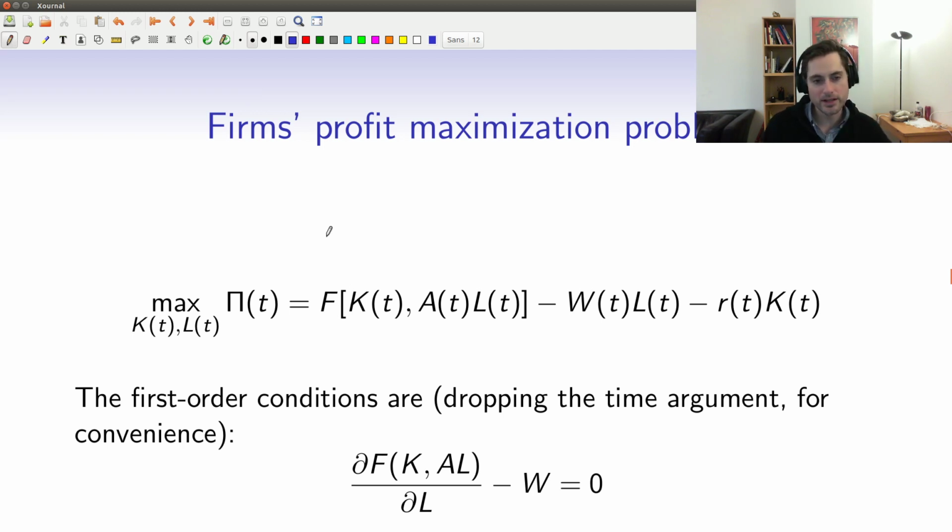Oh, but first we're going to talk about the firm's maximization problem. Recall that these firms, they're going to use capital and human capital, physical capital and human capital, in order to produce. You can see that there's a little hidden assumption here. The price of output, we're going to assume that's equal to 1. We're not losing any generality there because you always need to have a numeraire.